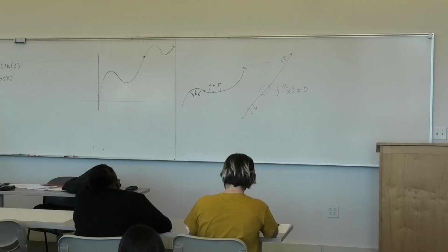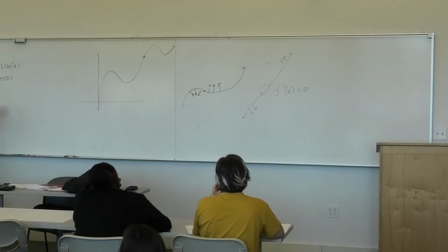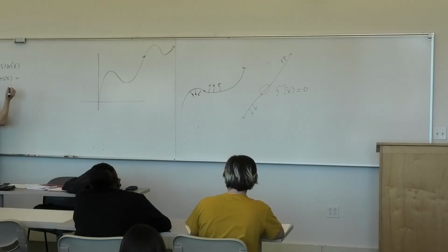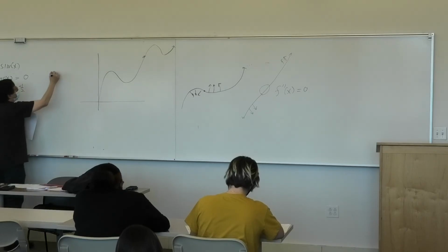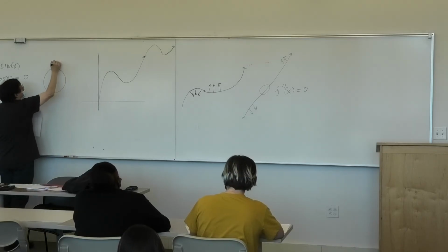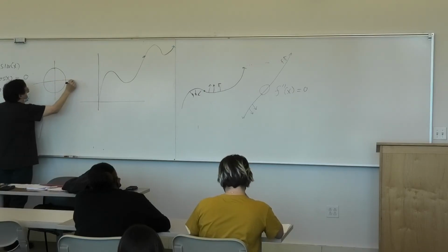And we want to ask, okay, let's find out where that's 0. So that would be where cosine of x is equal to negative 1/2. Draw our unit circle.